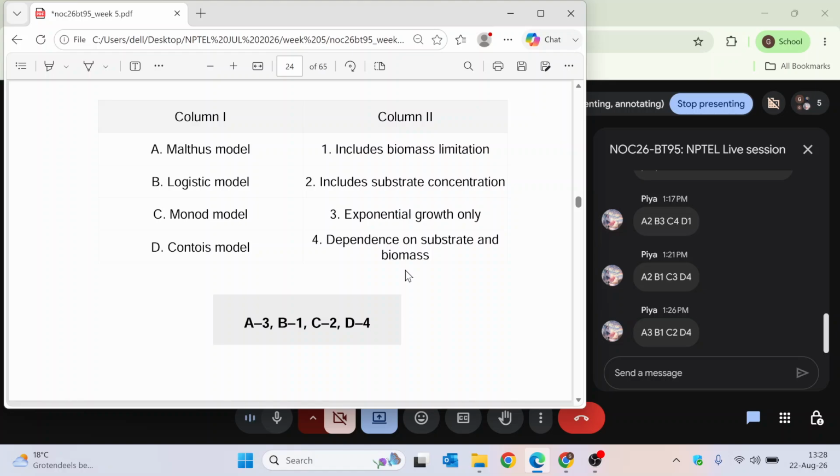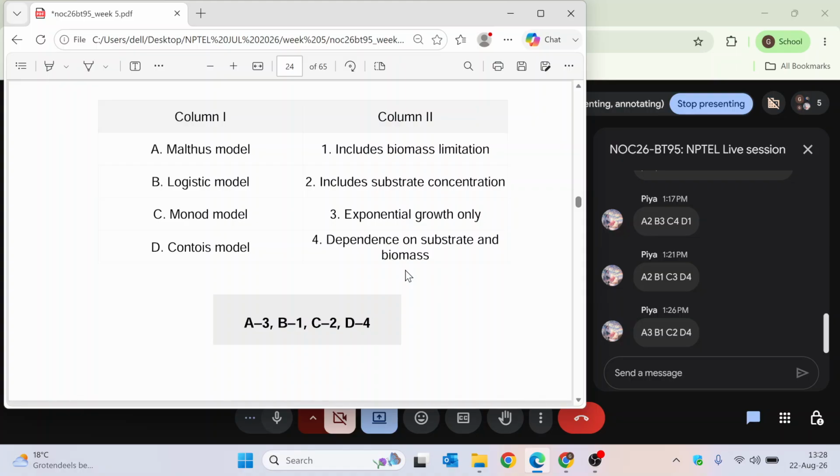So this is, as we saw, the simplest model where it assumes that there is going to be exponential growth of microbes. So it is dx by dt is equal to mu x, which means that there is going to be exponential growth in the system.